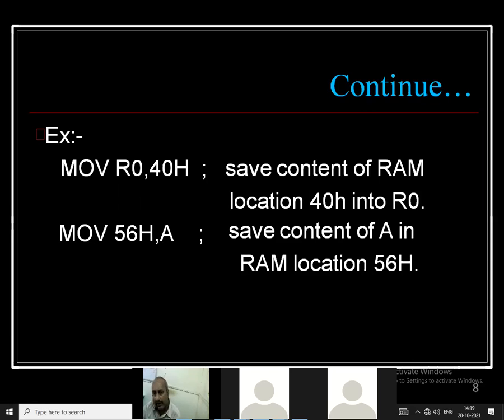ऍड्रेस कुठला तर रॅमचा. रॅम कुठली तर इनबिल्ट जी रॅम आहे 8051 ला ती. How much the inbuilt RAM the 8051 has? It is having 128 bytes. The RAM it has inbuilt in 8051. तर त्यातला ऍड्रेस वरचा जो डेटा आहे, so that can be transferred to the R0.